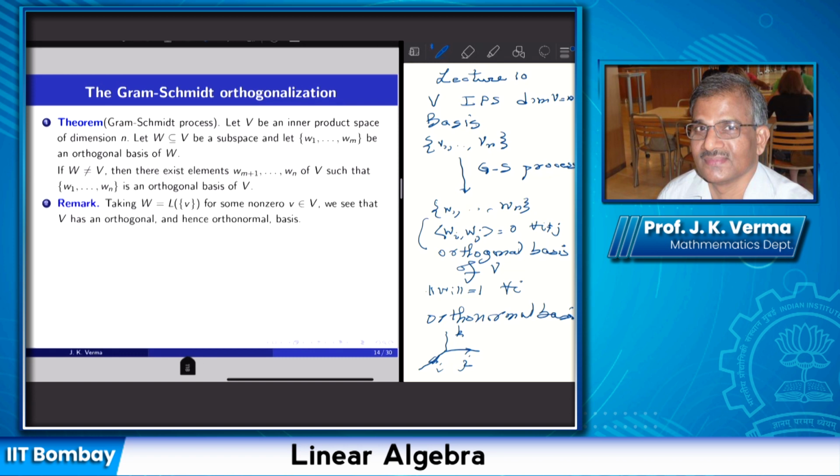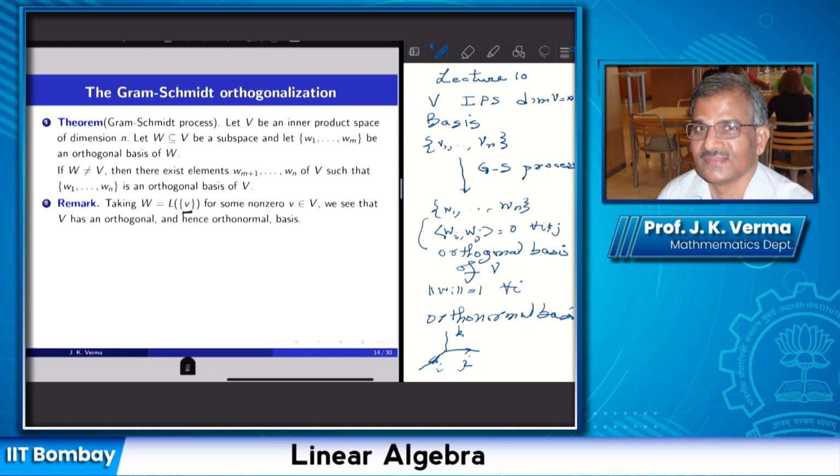If you take one single vector which is non-zero, then it is automatically orthogonal, as there are no other vectors to compare with. The Gram-Schmidt process says that I can enlarge this singleton vector to a basis of the whole space so that it is an orthogonal basis.